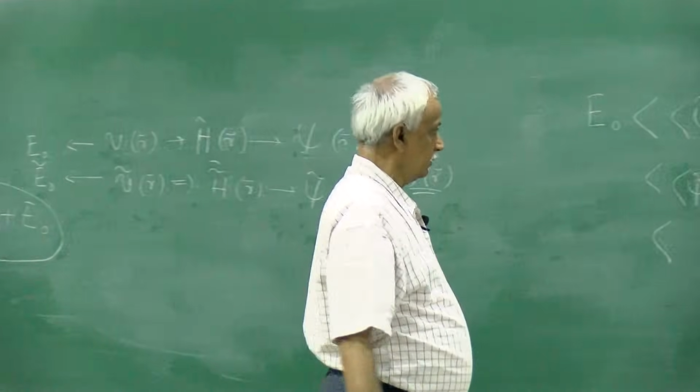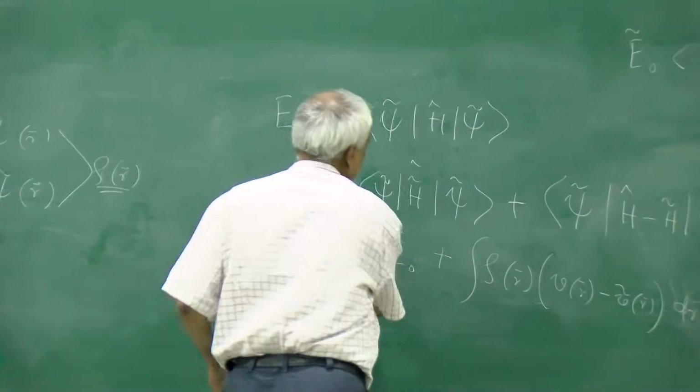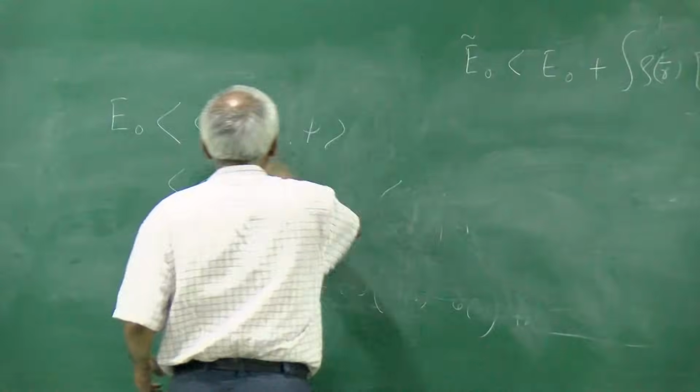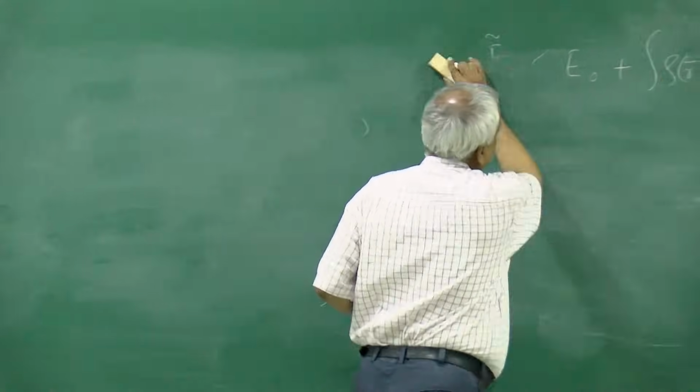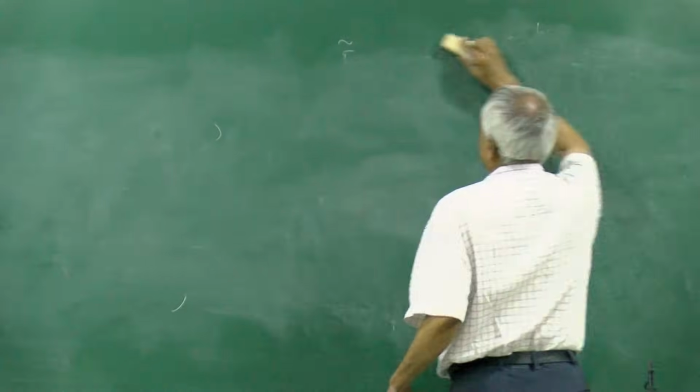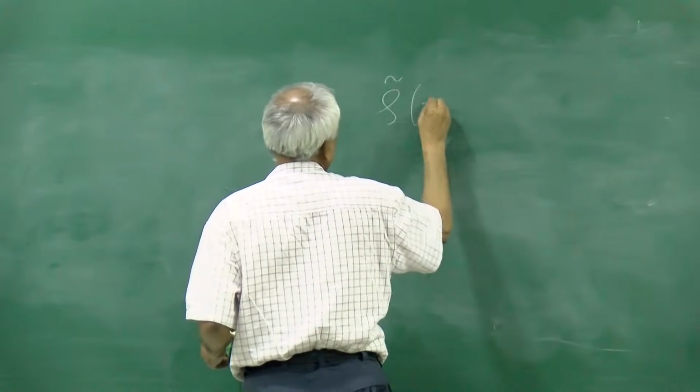So this is theorem 1. Theorem 2 tells that suppose you have a trial density, now we are changing the gear. Let's say I call it rho tilde r, the trial density.